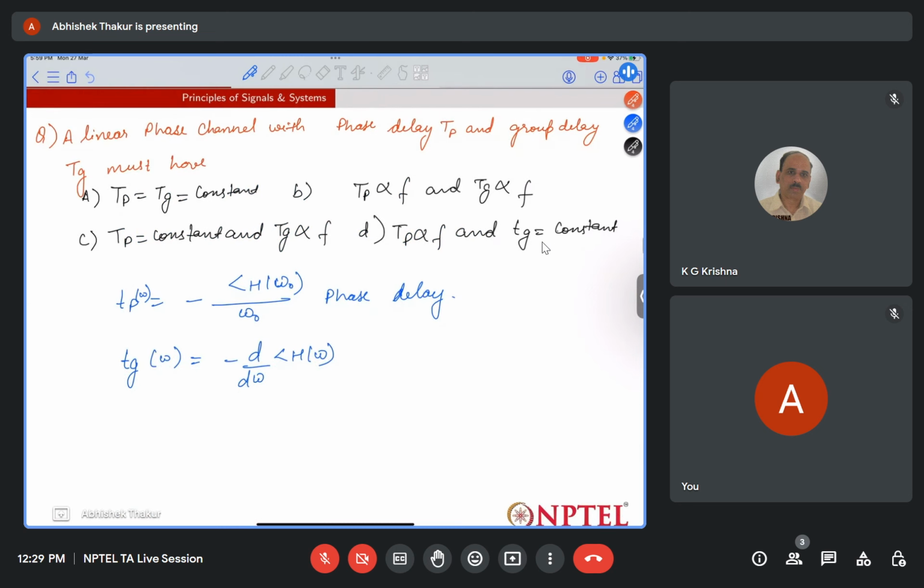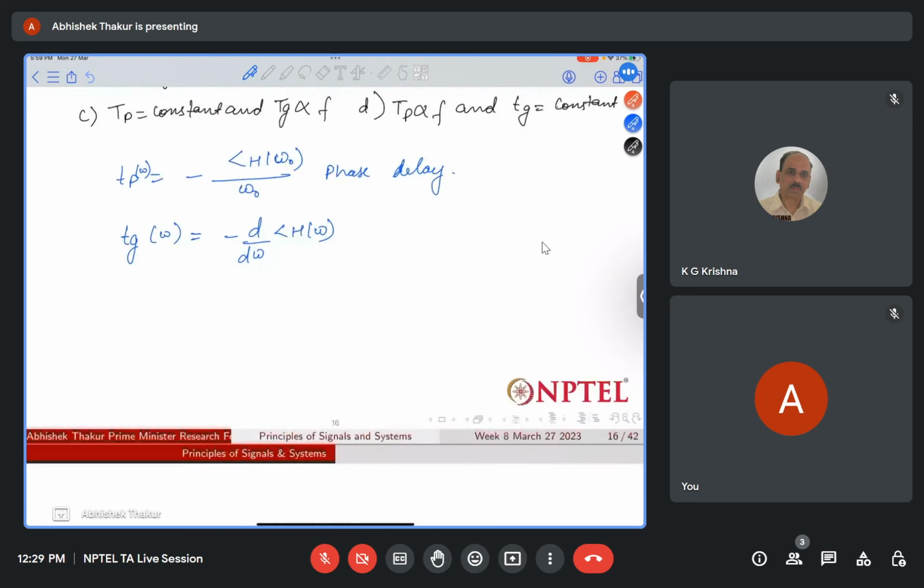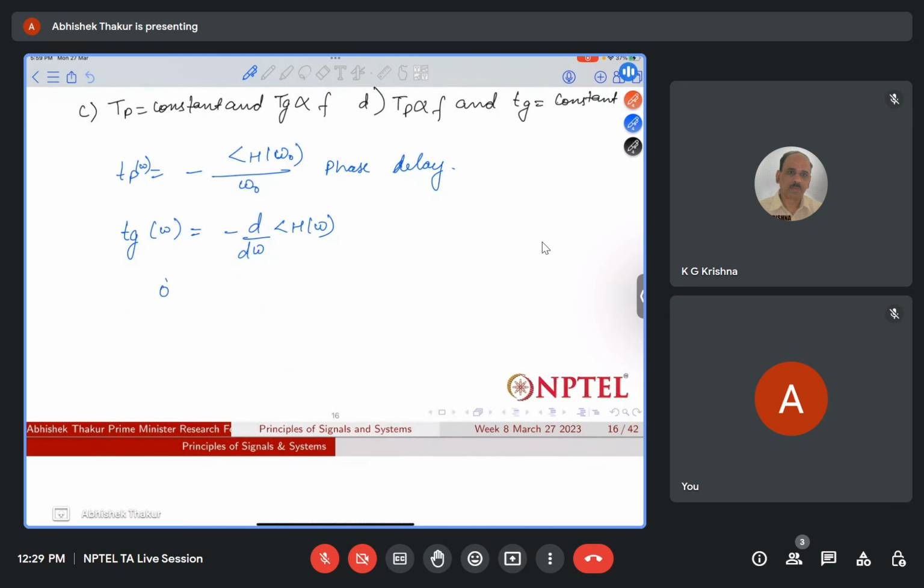So in this question, a linear phase channel with phase delay Tp and group delay Tg must have. If it is a linear phase, let's suppose phi of omega is minus omega T naught. Now we have to find the phase delay Tp, which is equal to minus of angle of H(omega naught) by omega naught.